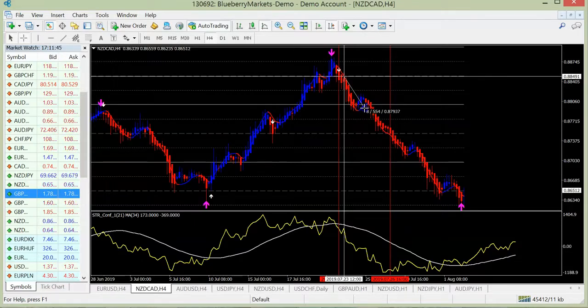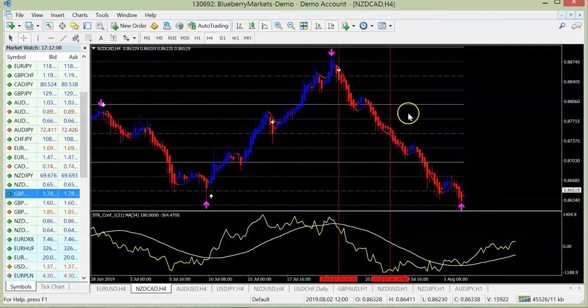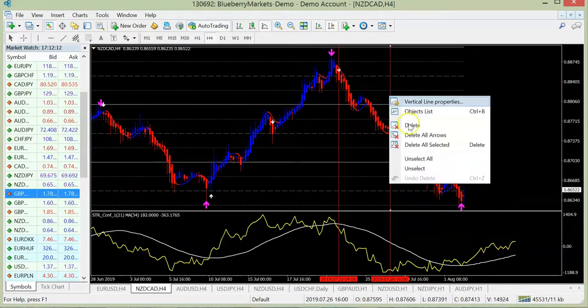So here you can exit with 55 pips. Or, more advanced, you can wait until the next opposite arrow. It can be a white arrow in the opposite direction or pink. So you can take it until here, 200 pips. I will explain more on this.